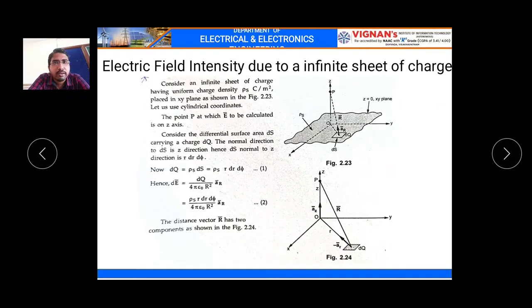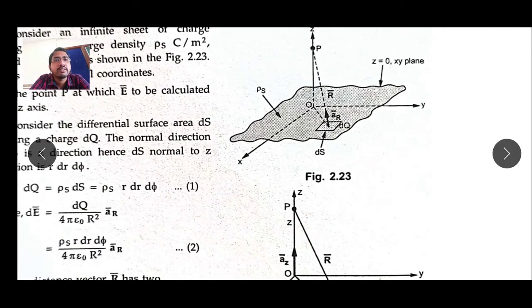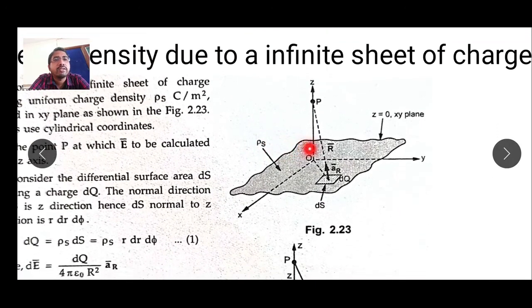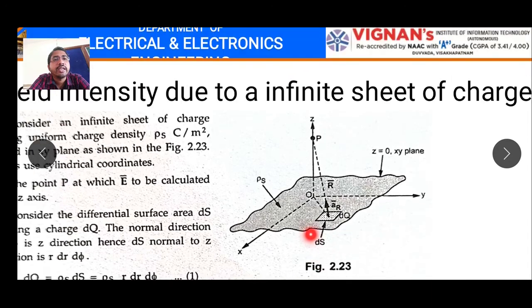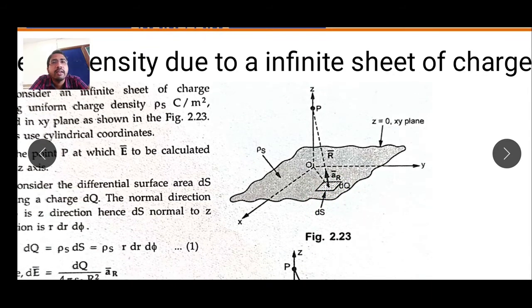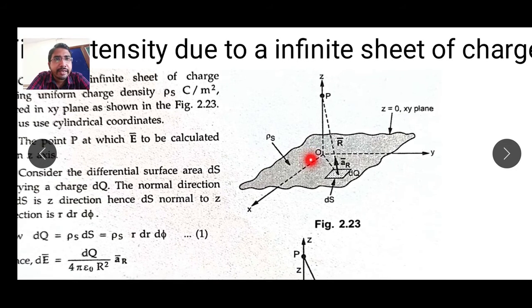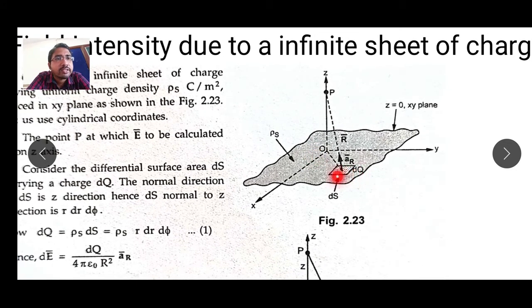Next, the last concept in this part is electric field intensity due to an infinite sheet of charge. Sheet of charge means, there is a sheet of charge you are taking like this, which is taken in the xy plane. I am not considering the entire sheet of charge. Consider only a small differential surface ds.